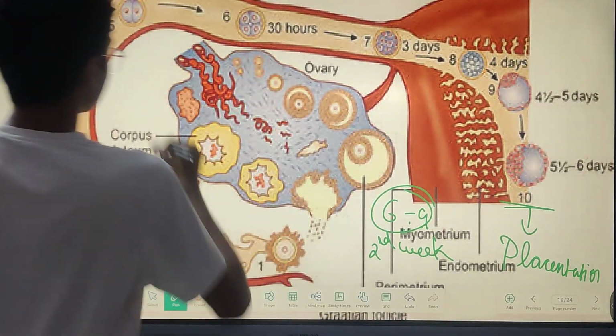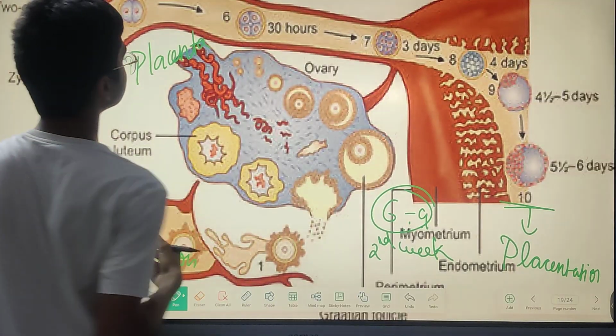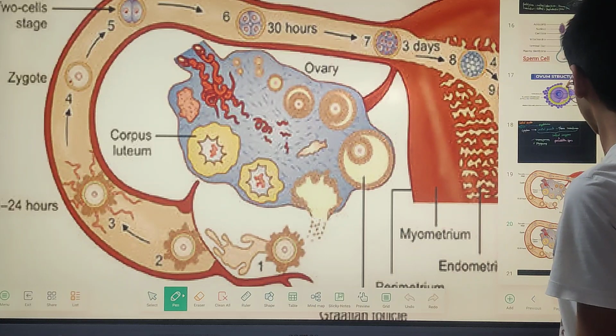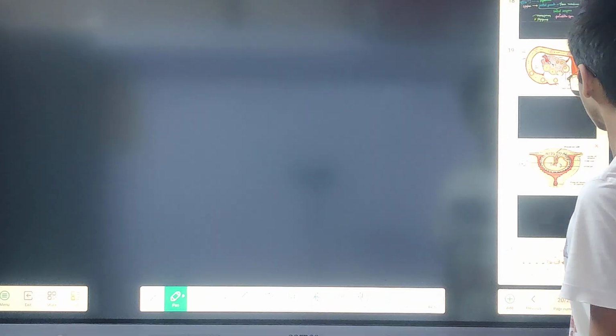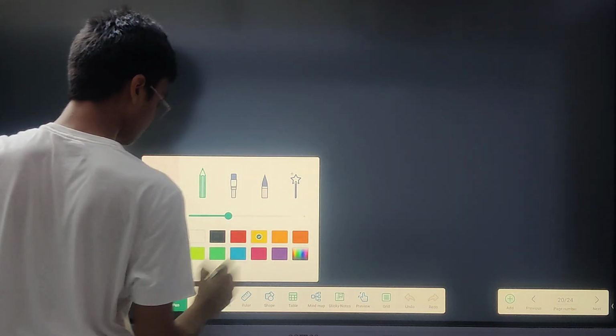So coming to the placenta itself. The placenta will be forming some important vital hormones. Wait, I'll first write whatever I said.